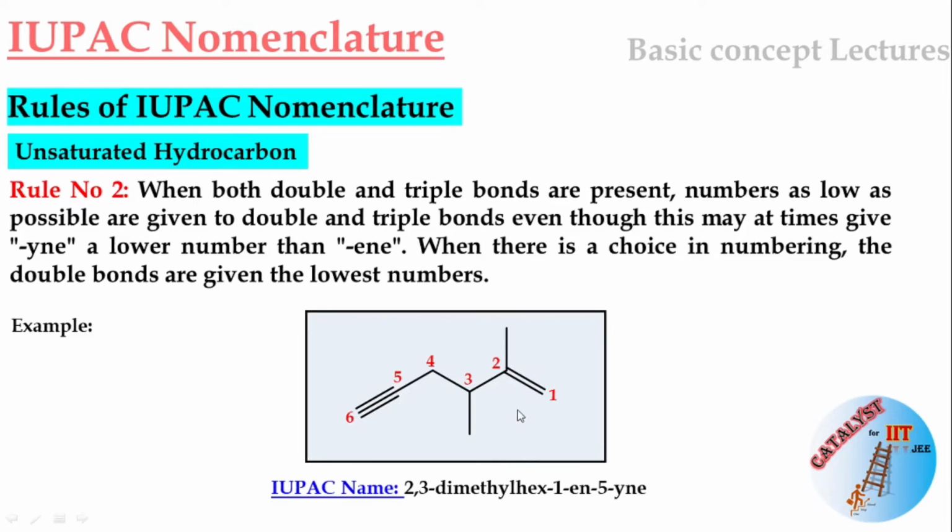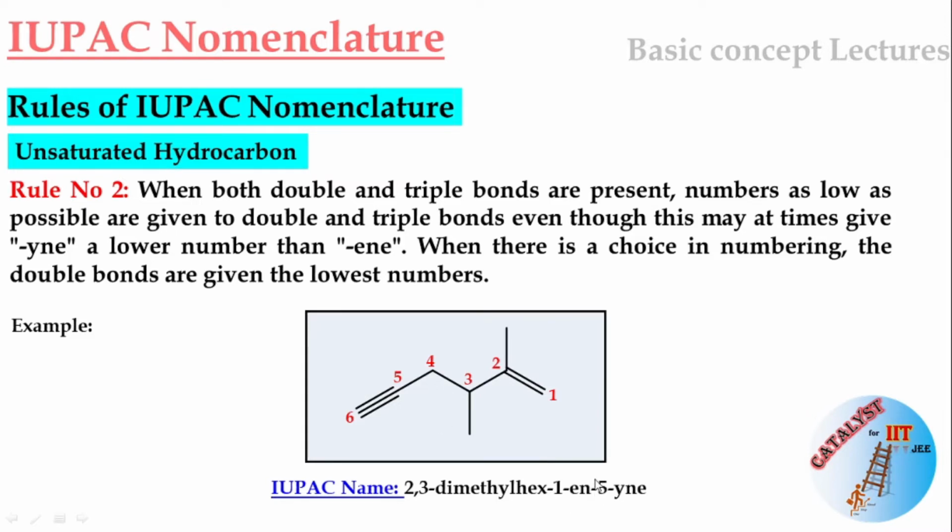So your IUPAC name for this unsaturated hydrocarbon is 2,3-dimethyl, as on the 2nd and 3rd positions methyl substituents are present, and hex means the number of carbons in your parent chain is 6. 1 means at the first position a double bond is present, while on the 5th position yne is present, meaning a triple bond is present.